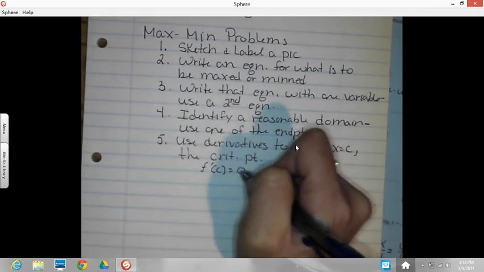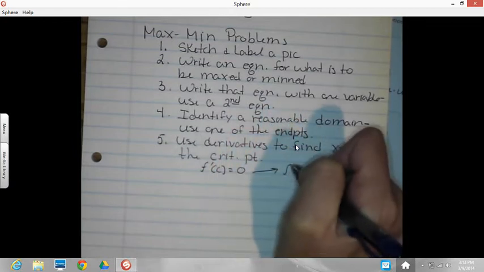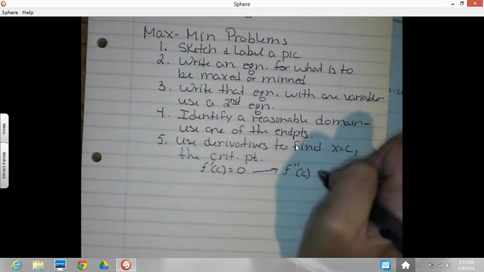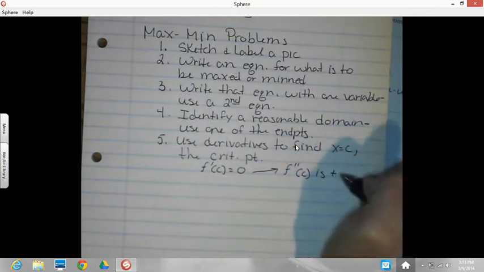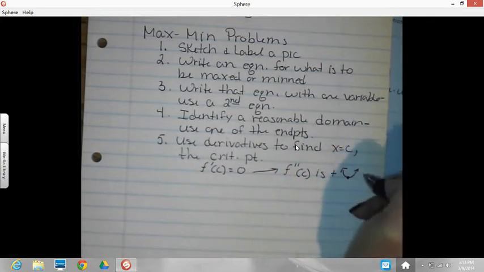So if the derivative equals 0, and then if the second derivative at that point is positive, that means the graph is concave up, which would have made the c be a minimum, because it's at the bottom, because it's concave up.